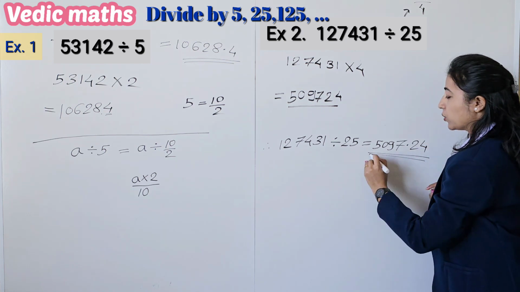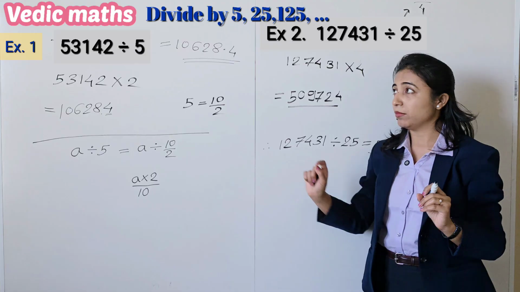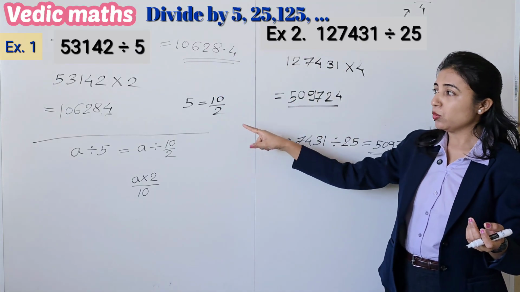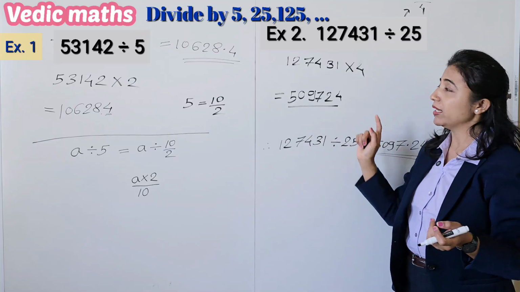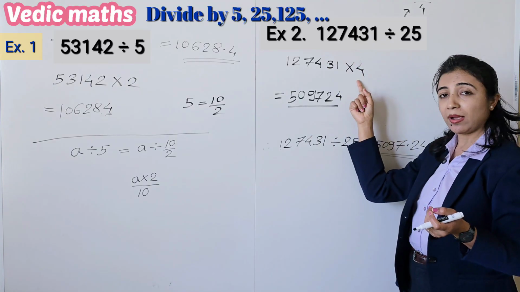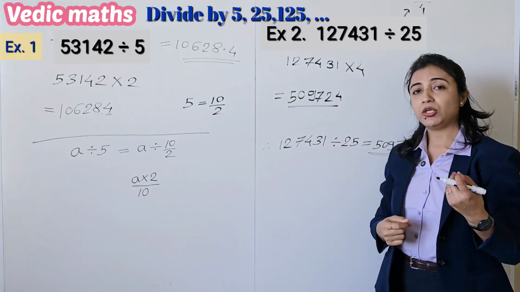So in this way you can apply this method for any number. Whatever you are dividing by 5, multiply by 2 and put the point after one digit. And if you divide the number by 25, multiply by 4 and put the point after 2 digits.